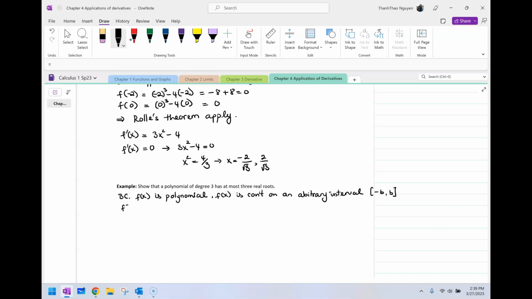Okay. And f of x is differentiable on the open interval negative b to b.